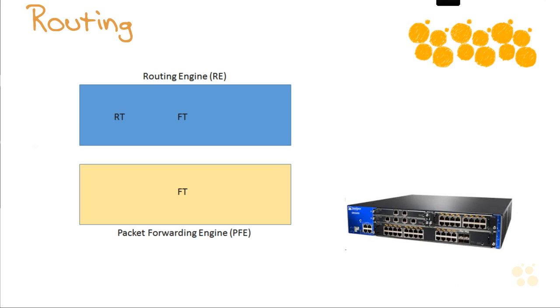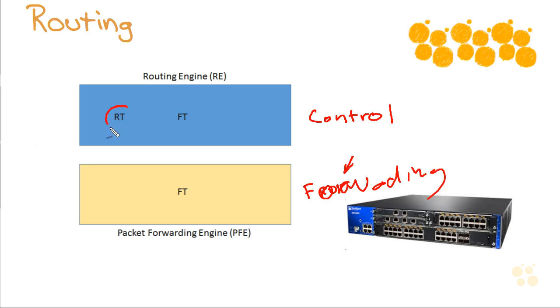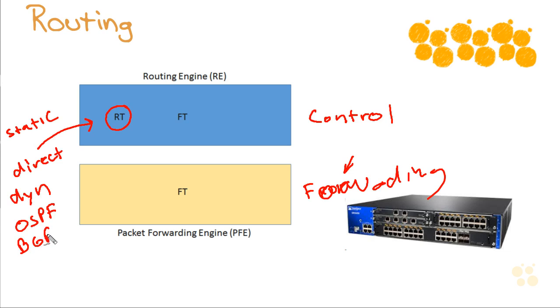Remember, there is this central separation that is so important to Juniper devices of the control plane versus the forwarding plane on your particular device. Like the spelling there? Remember, there's the routing table, and this is going to be fueled by things like your static routes, your directly connected routes, your routes learned from dynamic routing protocols like OSPF or BGP.